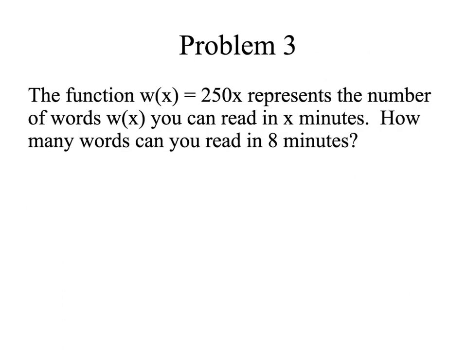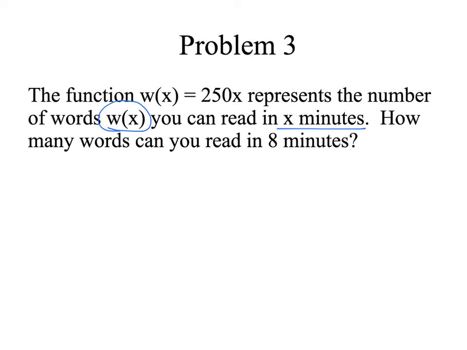Okay, so here's a function. The function w of x equals 250x represents the number of words you can read in x minutes. So that's our dependent variable, the number of words, and time would be the independent variable. So how many words can you read in 8 minutes?